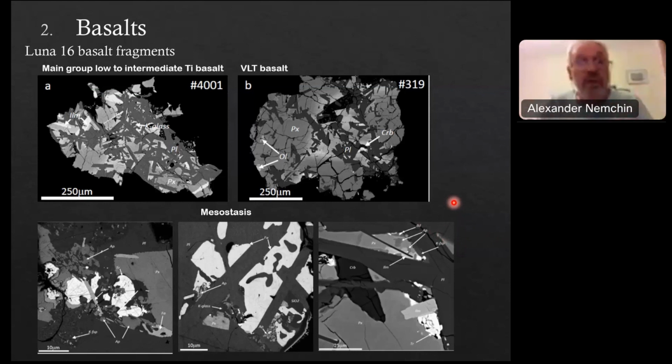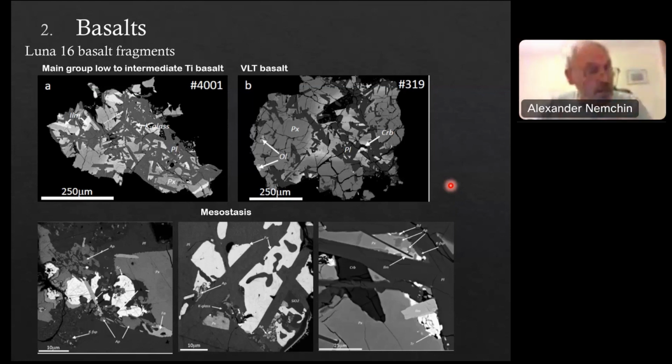Okay, let's switch and talk about basalts. We published quite a lot about basalts in the last, whatever, 5-10 years. I'm going to show you a couple of most recent examples, and again, Luna 16 fragments.